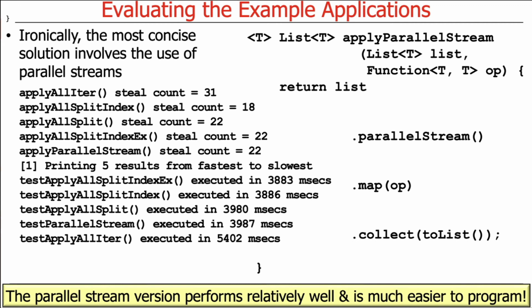And so the real lesson learned here, and this is a lesson that sometimes takes a while to fully grasp, is higher level programming abstractions in the right context can actually perform as well, and in some cases better, than lower level programming abstractions when you're able to take full advantage of parallel computing.